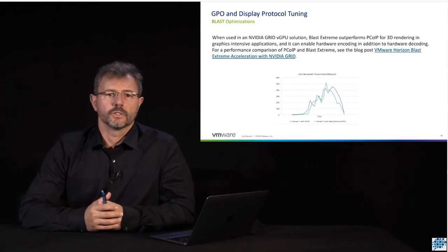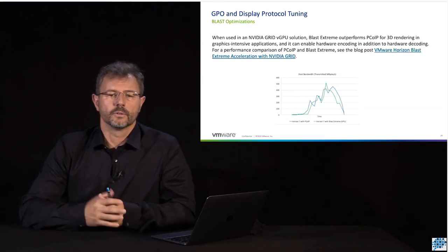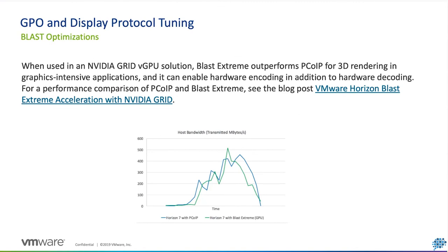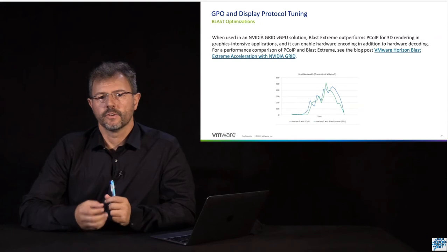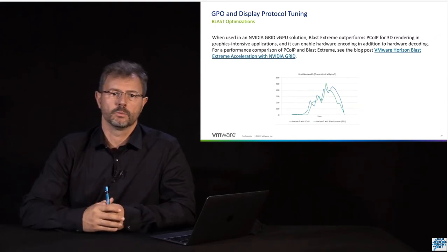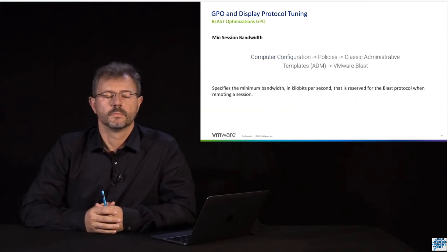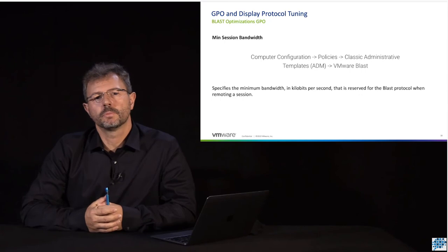BLAST optimizations, like I said, with NVIDIA GRID cards, we can offload a lot of those features to our hardware. Encoding and the like will be calculated by much better hardware instead of the CPU in the server, and therefore we have a snappier experience and less load on our servers, so we can scale with virtual machines a little bit better. BLAST is a highly intelligent protocol.